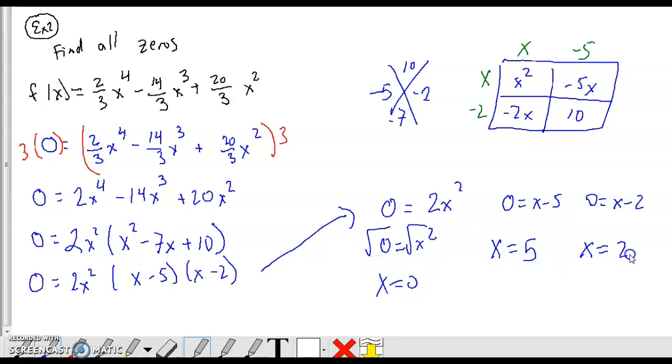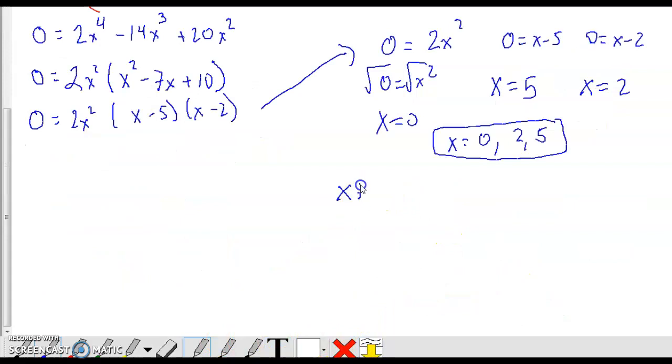Add 2 to both sides, I'll get x is equal to 2. So here are all of my x's: 0, 2, and 5. These are also x-intercepts, so I can write them like this: (0, 0), (2, 0), and (5, 0).